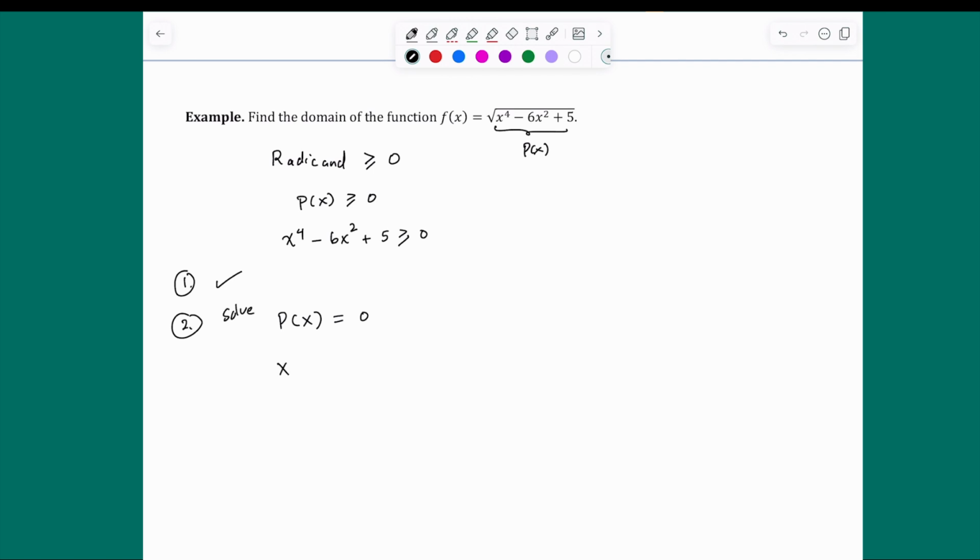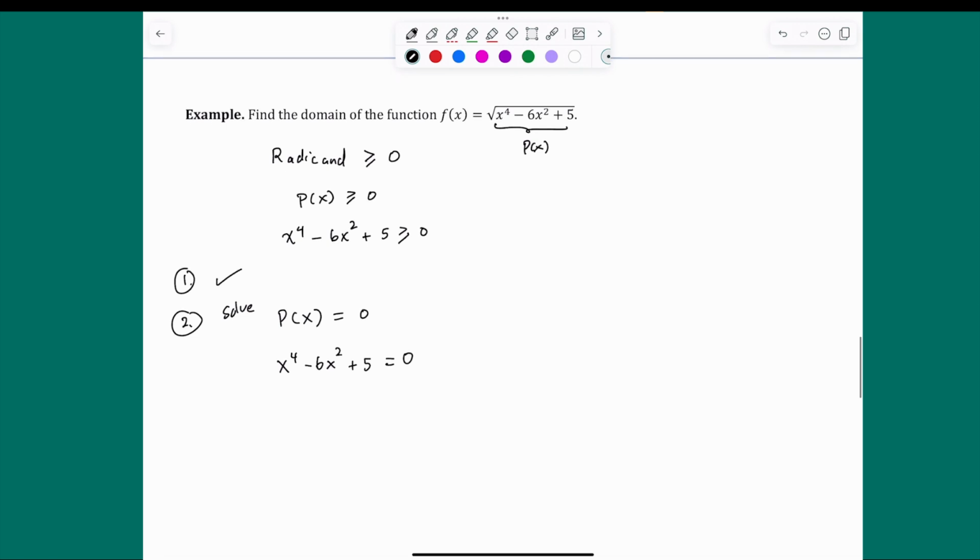All right, so we have x to the fourth minus 6x squared plus 5 equal to 0. Okay, and so this here we could solve by factoring.